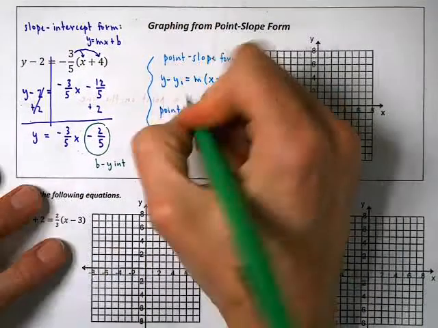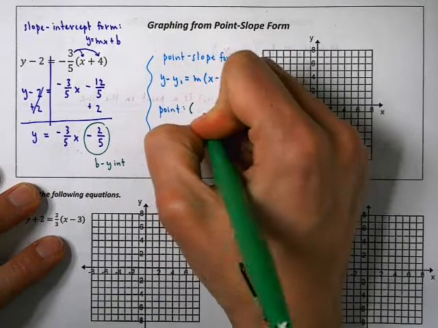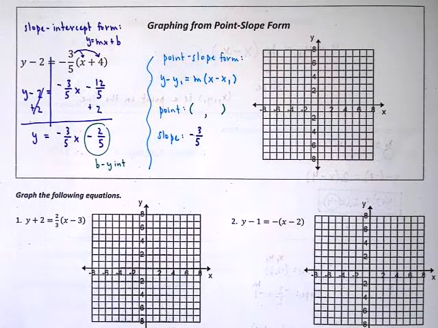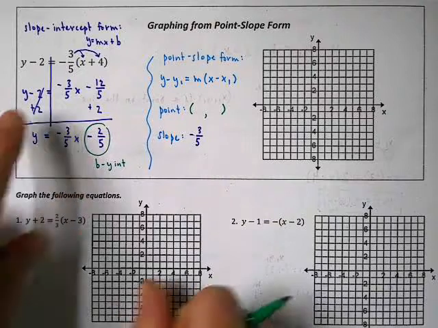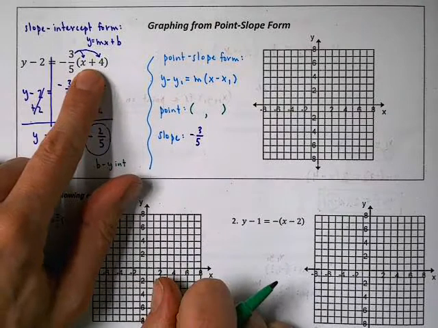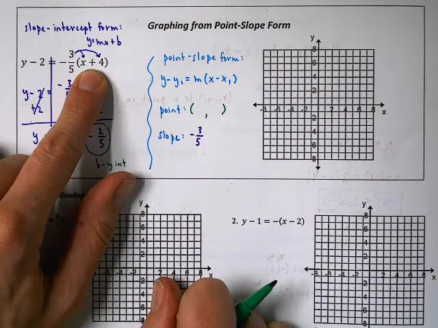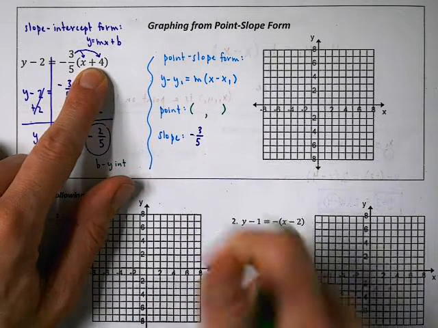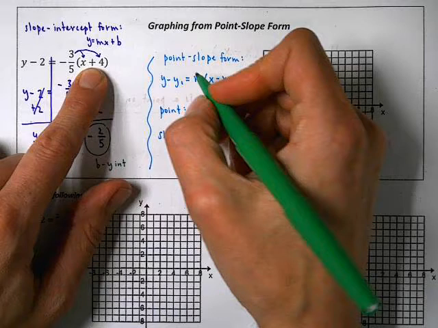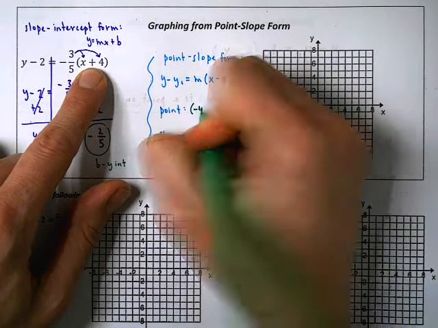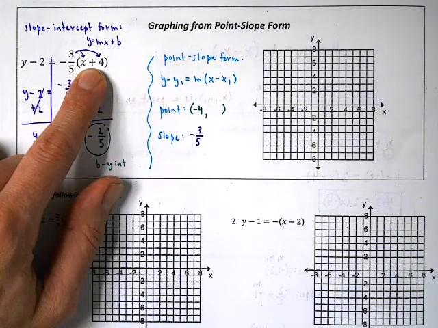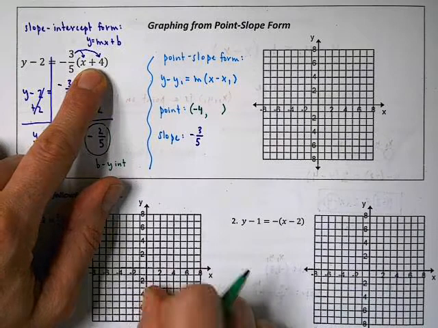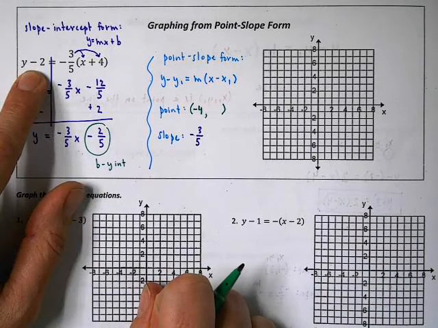Now, I also need a point, so I need some x and y coordinates. Again, this x looks like it's a +4, but I know I need the opposite sign, so my point is going to have an x coordinate of -4. Same thing when I go for my y coordinate.